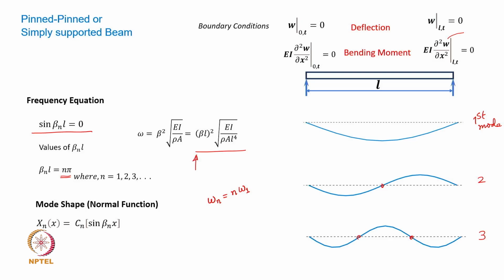So this is what we need to learn about continuous systems. We have made simplifying assumptions here, and those simplifying assumptions are essential to get workable expressions for the natural frequencies.